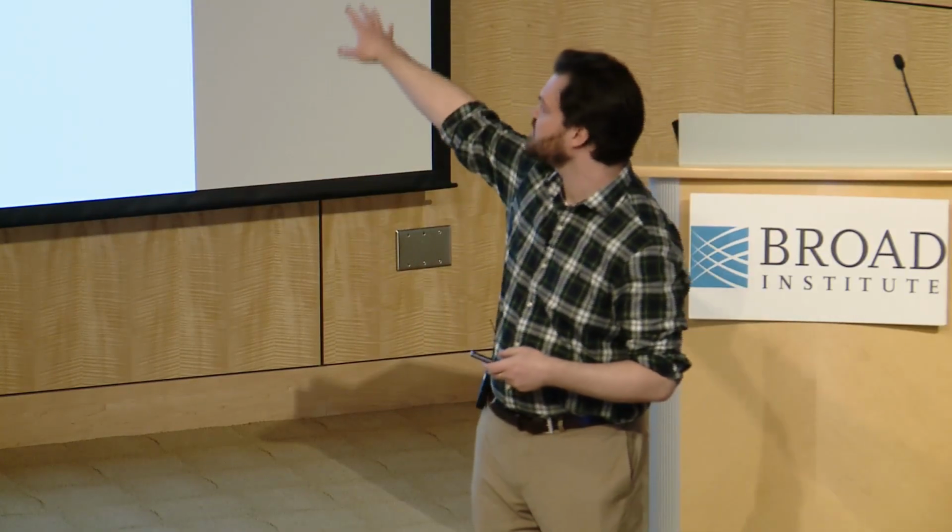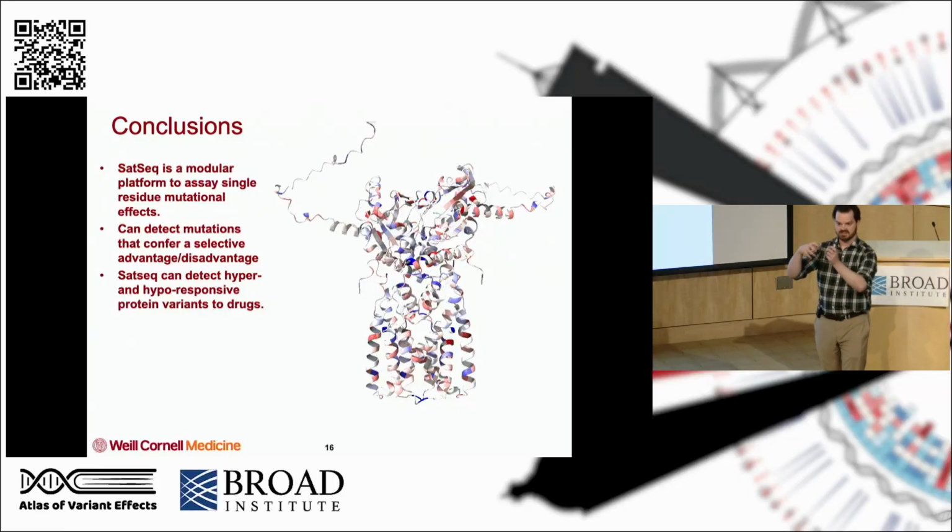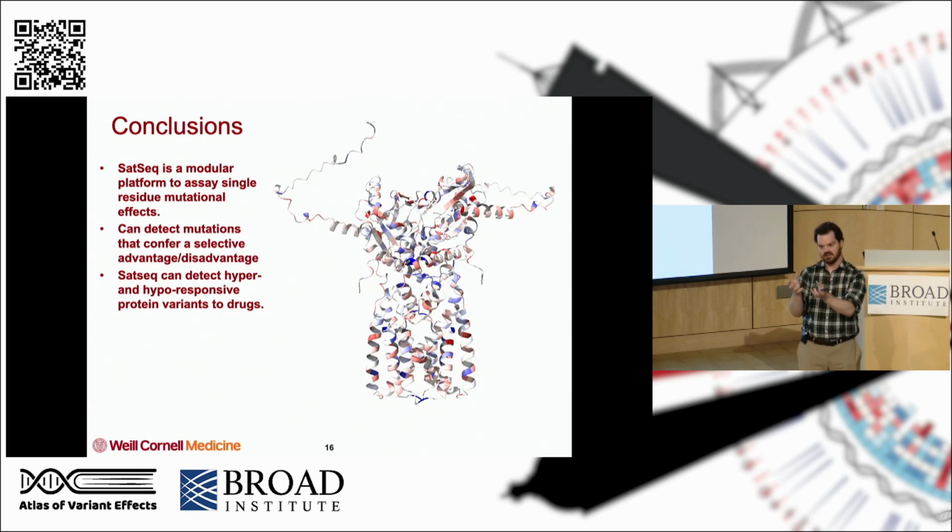So far, we haven't found it. Here you see the response distance mapped onto the 3D structure in this diagram, which I don't really have time to talk about in this kind of depth, but we don't see a very strong distinct clustering of the hyper-responsive or hypo-responsive to specific 3D locations.